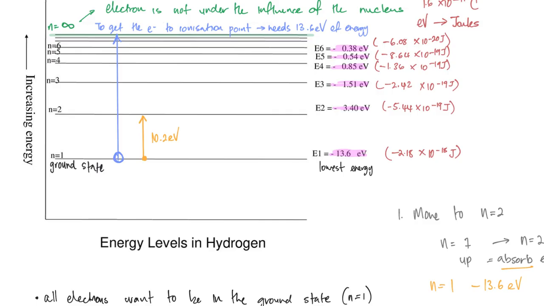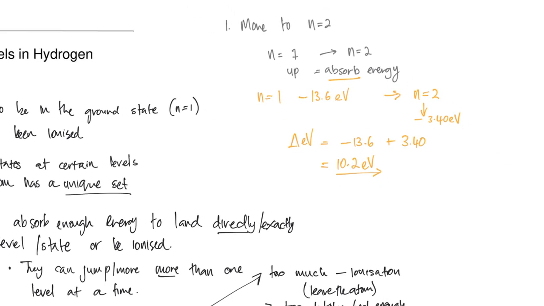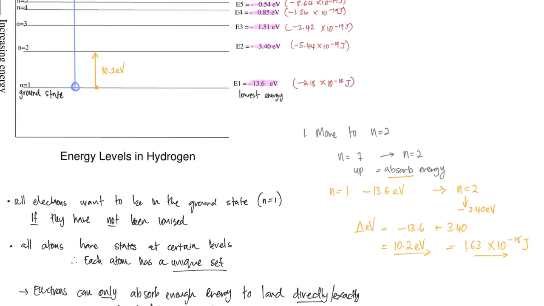We can convert that by multiplying it by 1.6 times 10 to the power of negative 19, and that gives me 1.63 times 10 to the power of negative 18 joules that you would need to gain in order to move up. Alright, so that's the first thing.